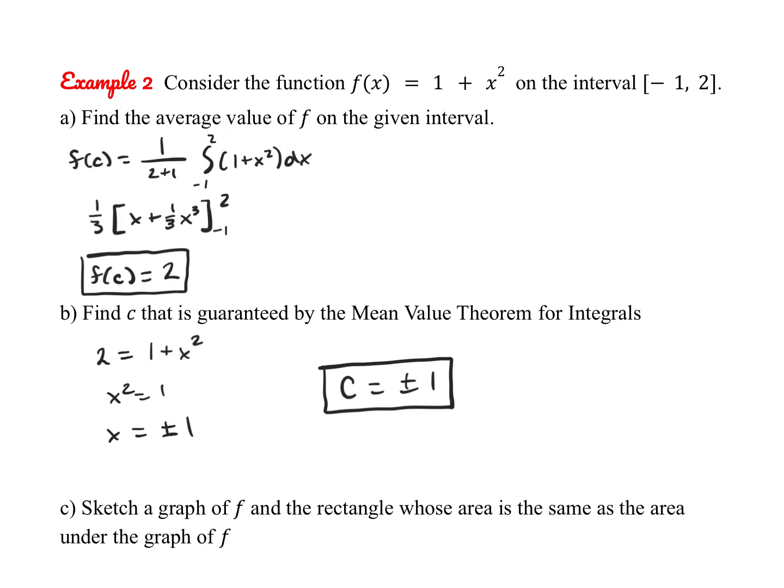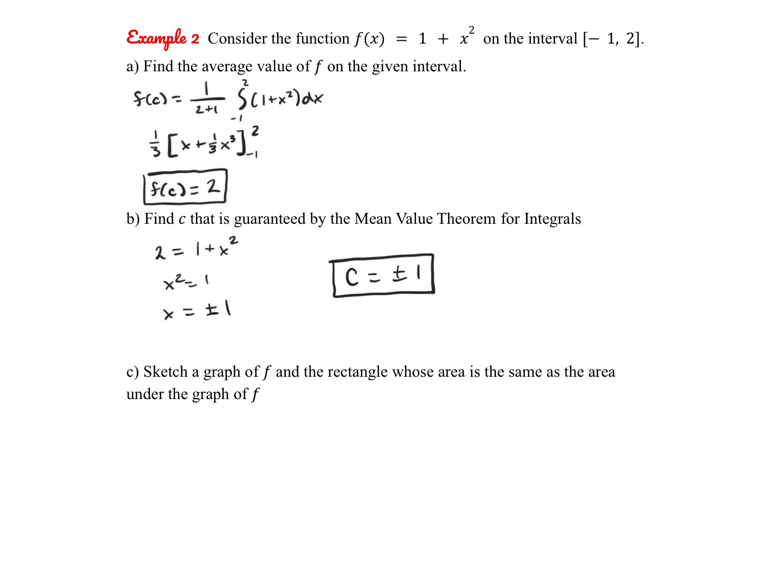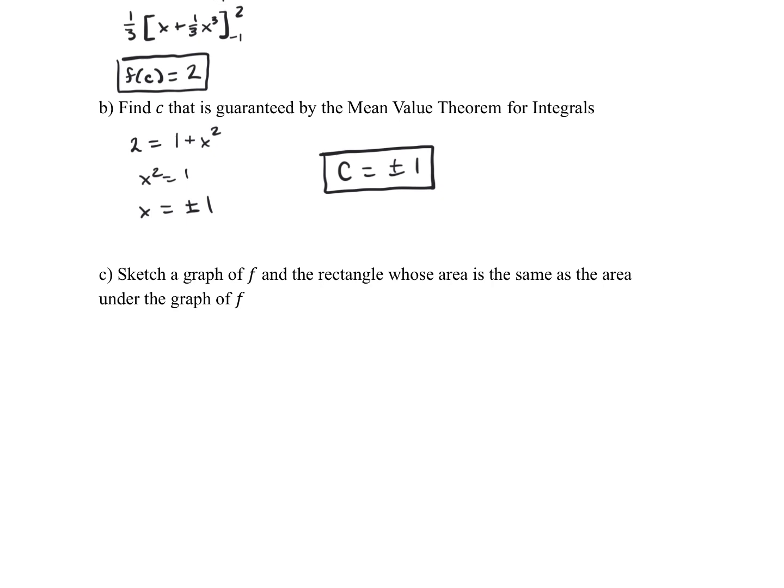And then for part C, we're going to sketch a graph of this just so you can kind of visualize what's going on here. All right, so for our quadratic over that interval, we know the vertex is at 0, 1. So here's our curve.